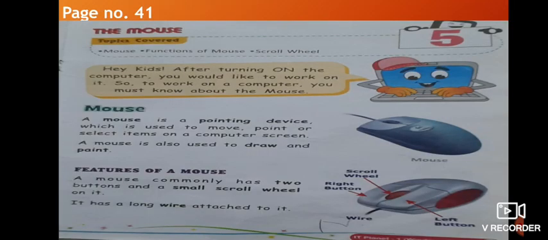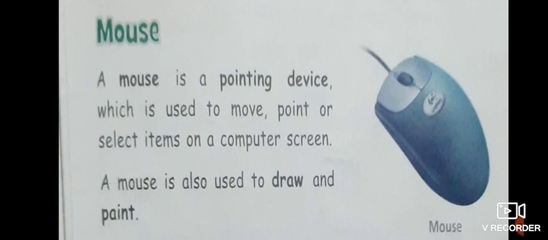It's on page number 41. Open this page. Mouse. What is it? A mouse is a pointing device which is used to move, point or select items on a computer screen.